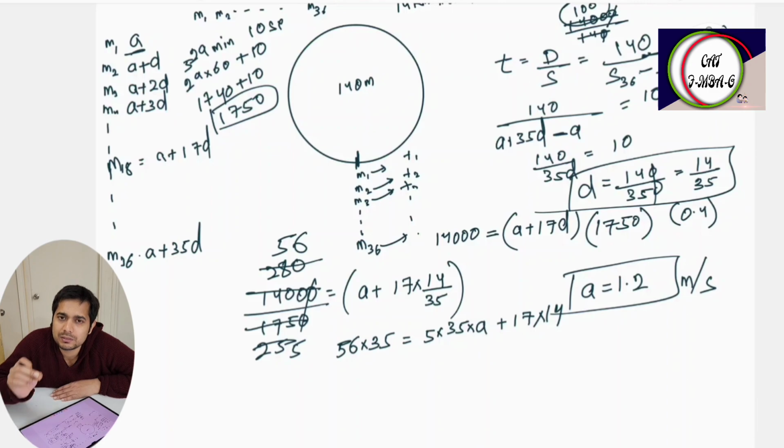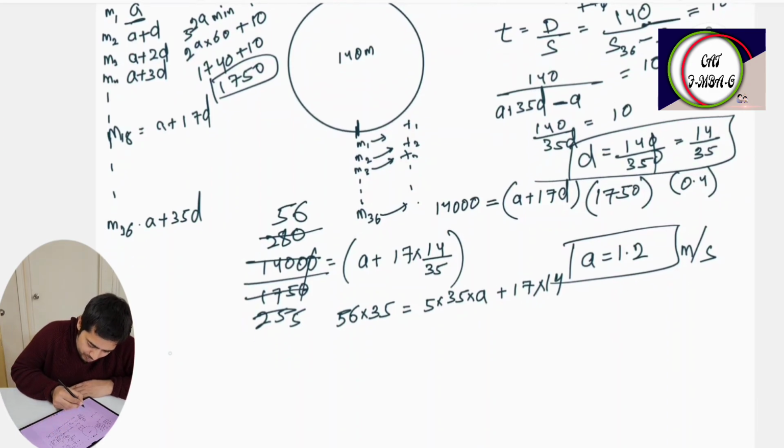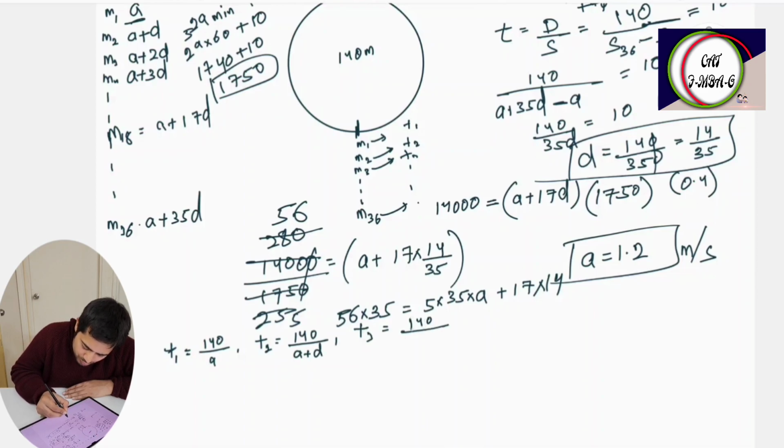Whatever the LCM is, that is your right answer. So T1 is equal to distance upon speed, T2 is equal to distance upon a plus d, T3 is equal to distance upon a plus 2d, and T36 is equal to distance upon a plus 35d.